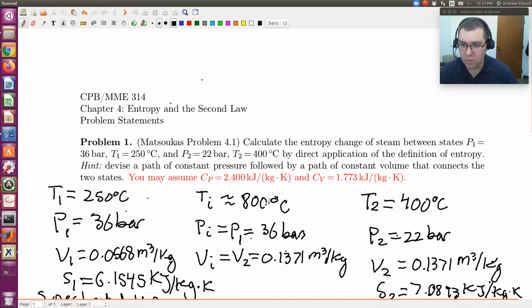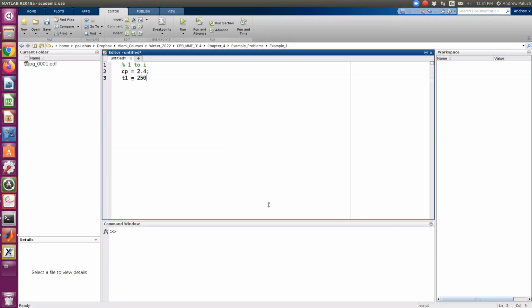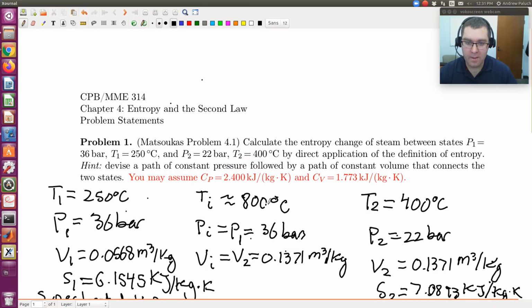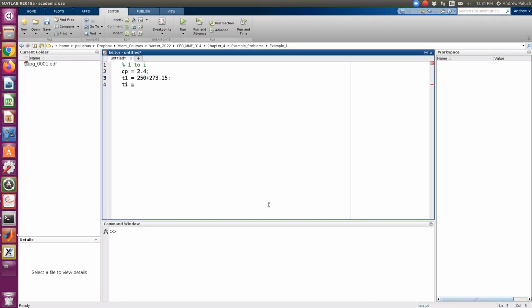T1 is 250 degrees, but I'm going to add 273.15 to convert from Celsius to Kelvin. And then Ti, which we're taking to be 800 degrees. Ideally, it should be slightly greater than 800, but it's as close as we can get.